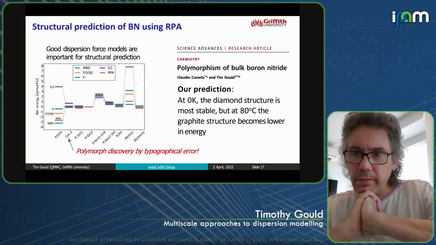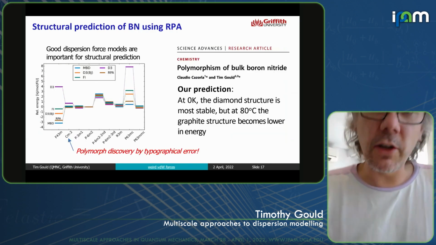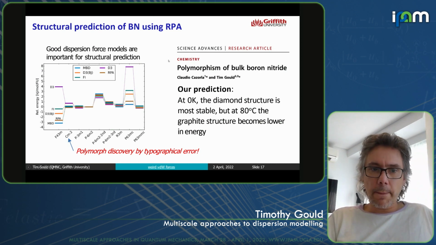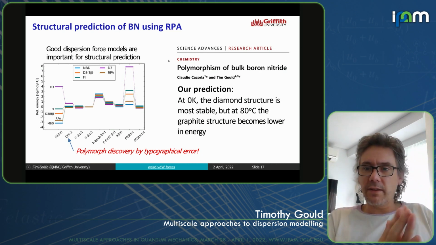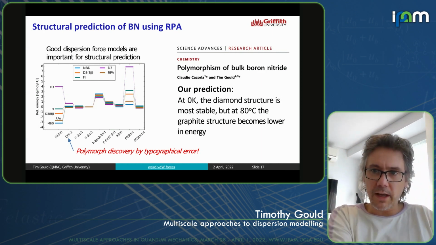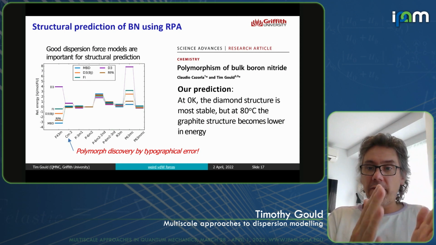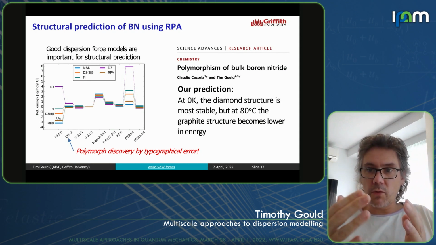So I'll show you some nice results we got out of the random phase approximation. There are two fun things in this work. There's been this long-standing puzzle in the community, which experiment has been unable to resolve, which is whether the graphite or diamond structures of boron nitride are more stable.